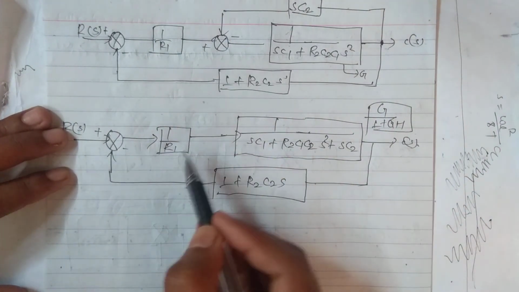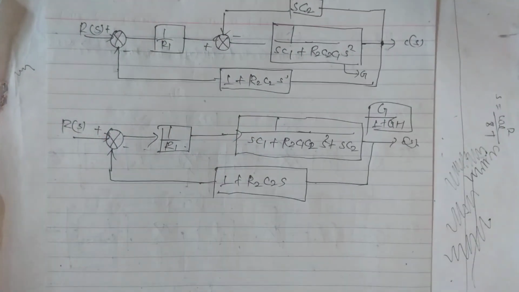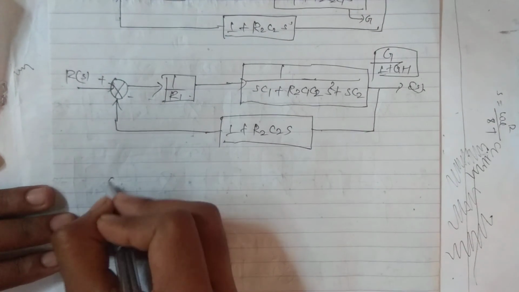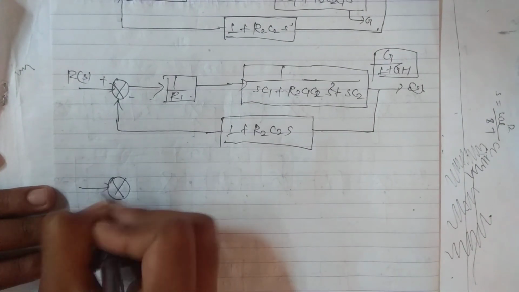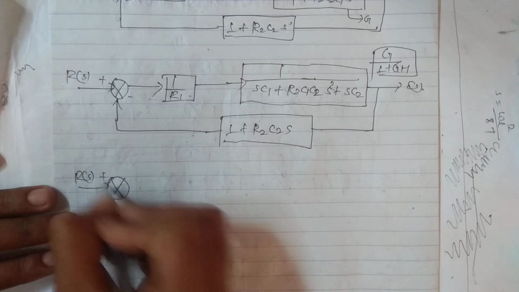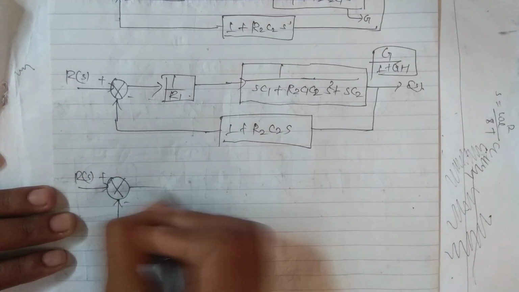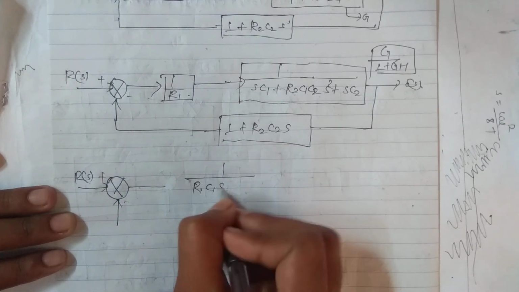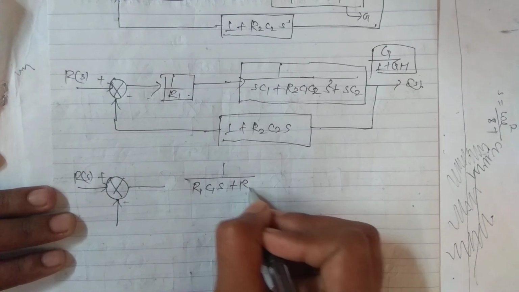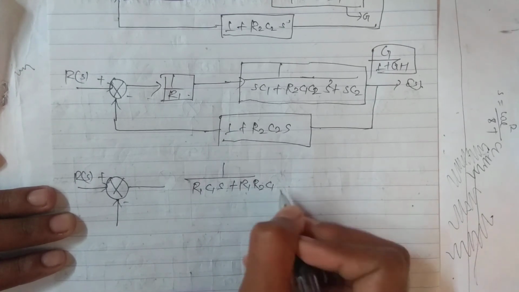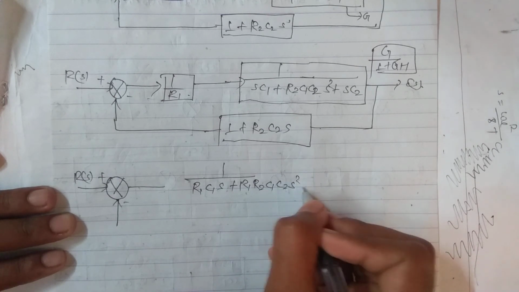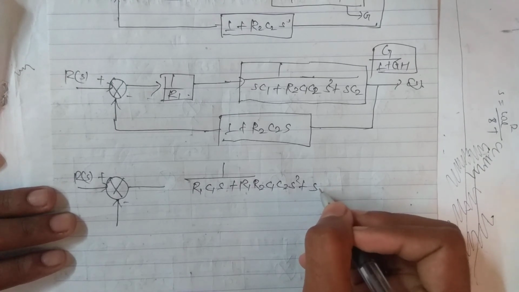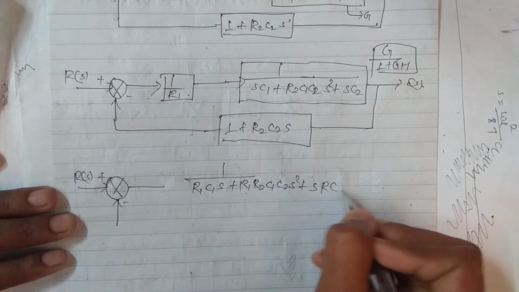Now again these two are in cascaded form, so we'll multiply these two blocks. And here we have RS. After multiplying we'll get 1 upon R1 C1 S plus R1 R2 C1 C2 and S square plus S and S R C2.